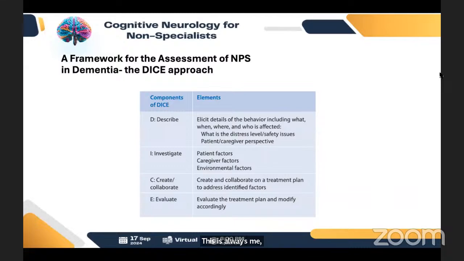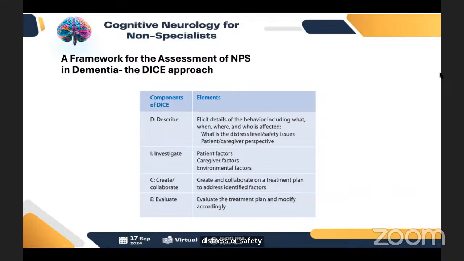This is the DICE approach. It's a commonly used approach to elicit the details of the behavior: when it has happened, where it has happened, how it has happened, how it has affected others, what kind of distress or safety issues it could have caused, and then investigate patient factors.